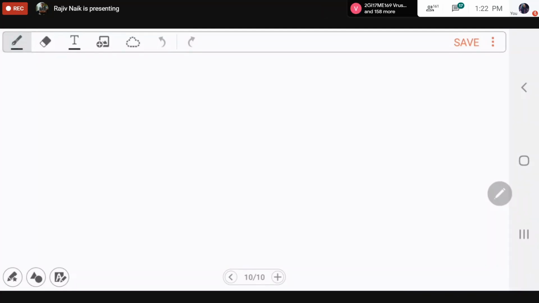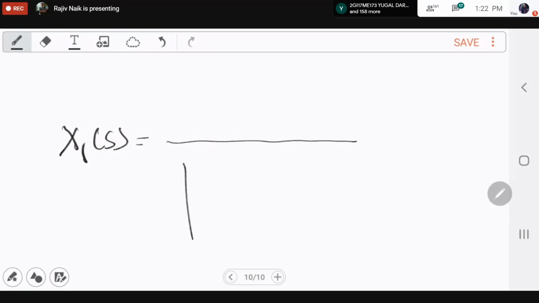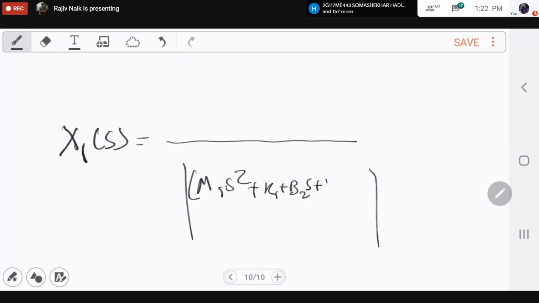So if you want to see the determinant method, suppose I want output as x1 of s. Okay, if I want x1 of s, then I have to write one determinant in the denominator. The determinant in the denominator is always the coefficients of x1 and x2. So two variables. So coefficient of x1 in the first equation is m1 s square plus k1 plus b2 s plus k2. This is first coefficient.